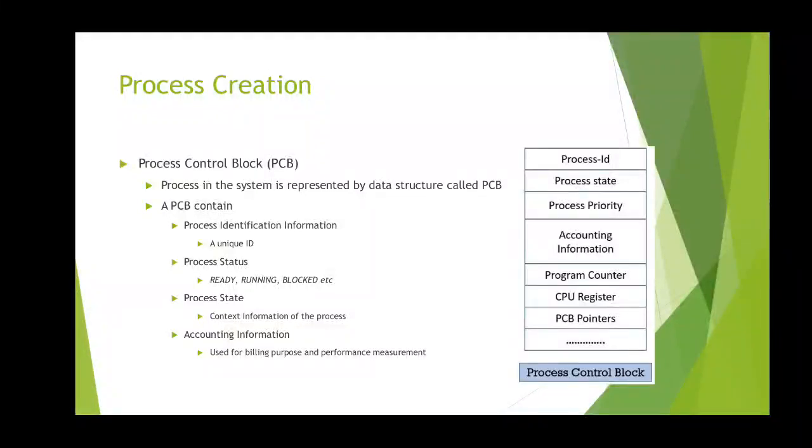In process creation, along with the memory initialization, the process control block also needs to be initialized. This process control block contains all the information necessary for managing a process. So it contains the process ID, process state, process priority, accounting information, program counter, CPU registers, and PCB pointers. The process ID is unique to every process, and the first value of the process control block is the process ID.